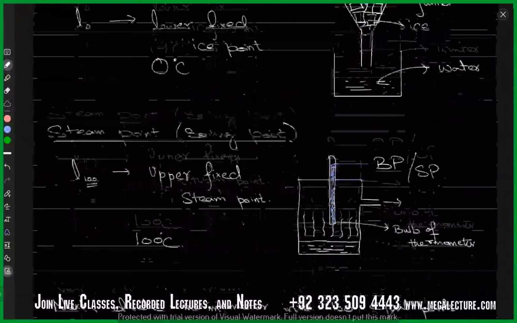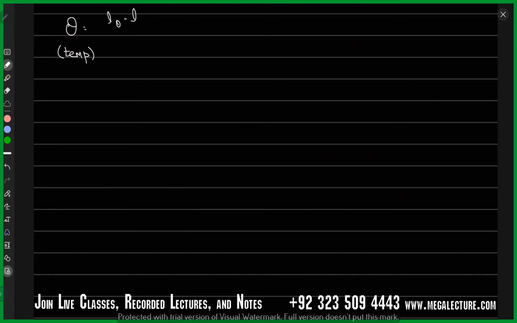The theta, which is the temperature that I want, is equal to L, the length of the mercury tube at this temperature, minus the length of the tube when it was at 0 degrees, divided by the length of the tube when it's at steam point, which is 100 degrees, minus the length at 0, into 100. And this is for degrees Celsius. So this is into 100 degrees Celsius. So now this will give you the temperature in degrees Celsius.